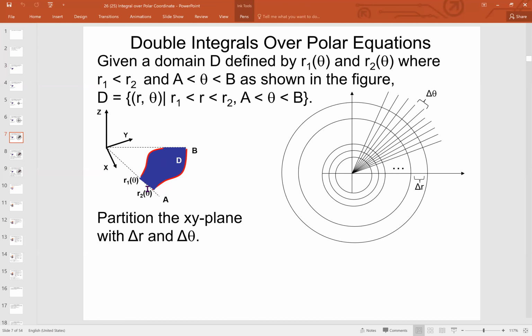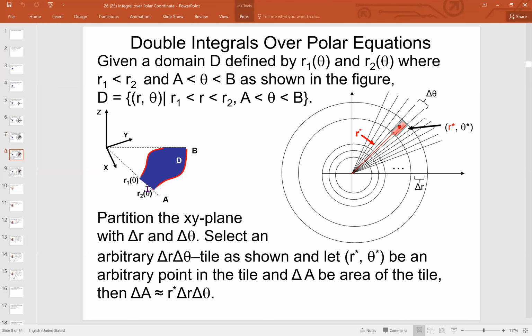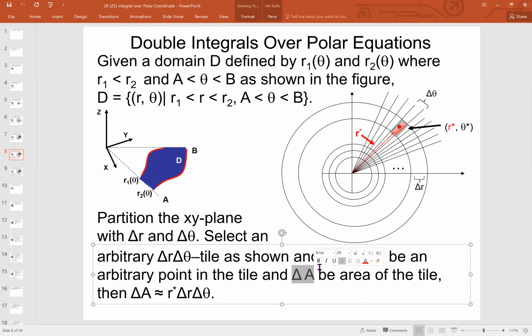And the question we want to ask is, a typical chunk, a piece of area like that, which we call delta A, how big is it in terms of dr, d theta?